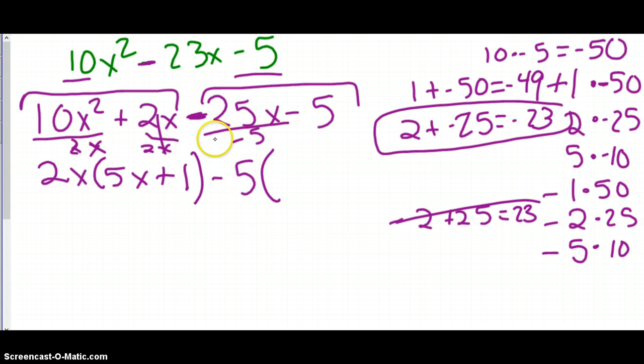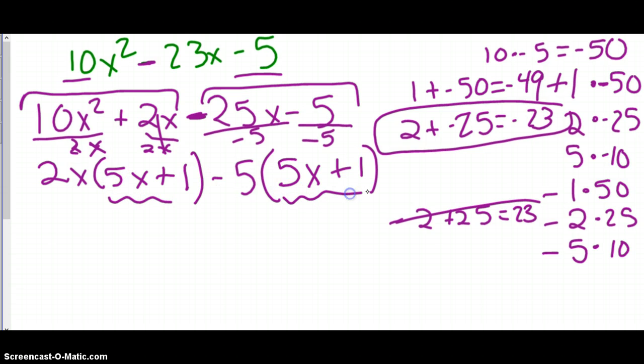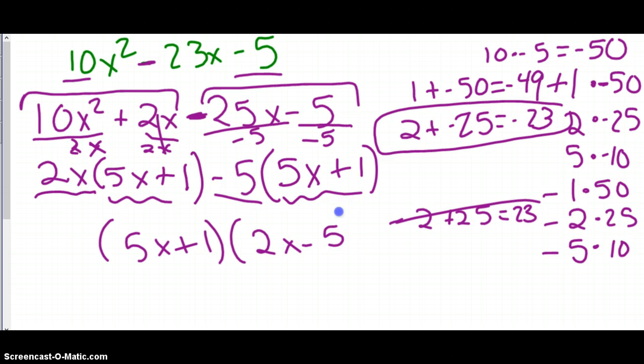Negative 25x divided by negative 5 would be positive 5x. And negative 5 divided by negative 5 again, they don't just cancel, it leaves us a positive 1. So we take our matching pieces and use it once. And then we just take everything in front of the parentheses and put it inside the second set of parentheses.